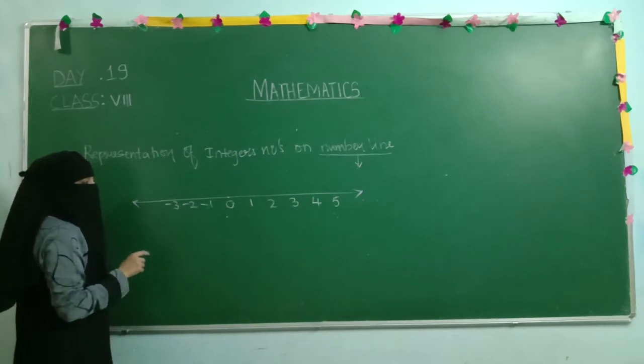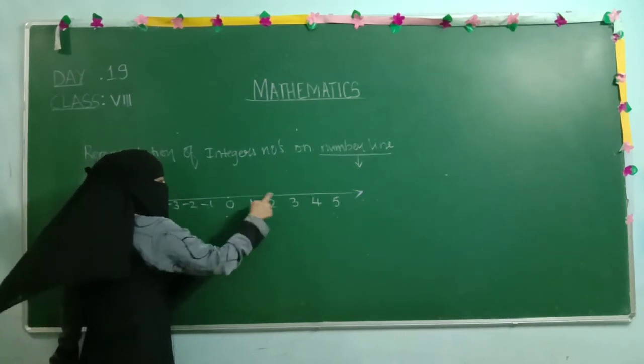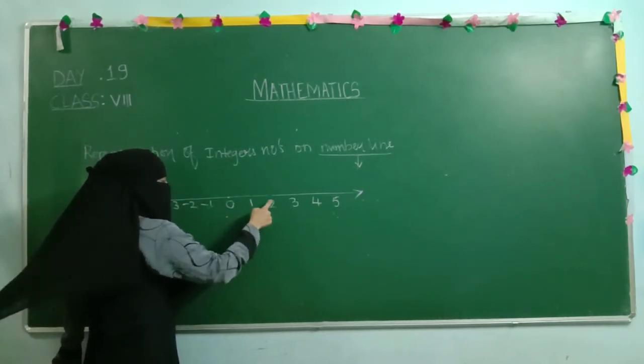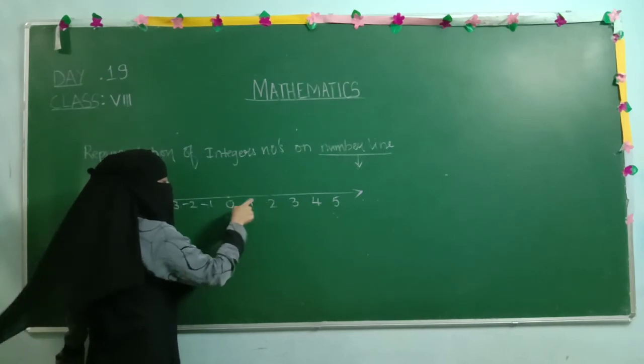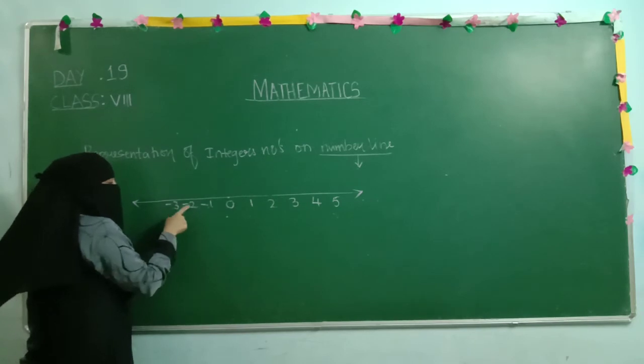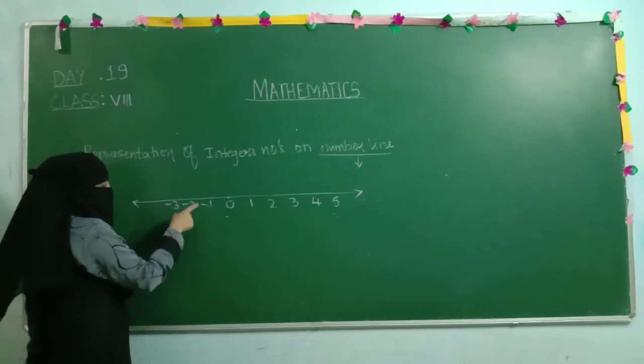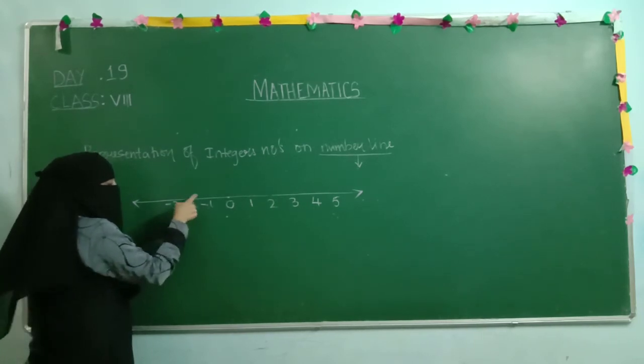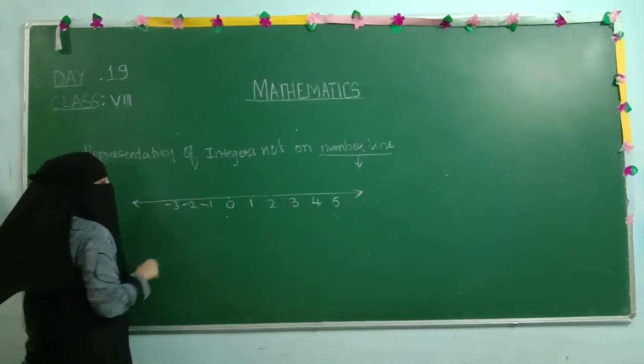The order is changing here. If we have only positive numbers, we can say 2 is greater than 1. But when we are talking about negative numbers, the bigger number becomes a smaller number. So, -2 is lesser than -1. It means -1 is greater.